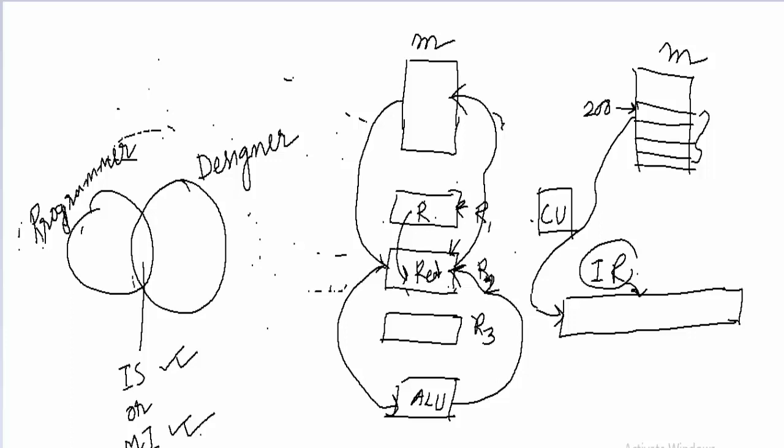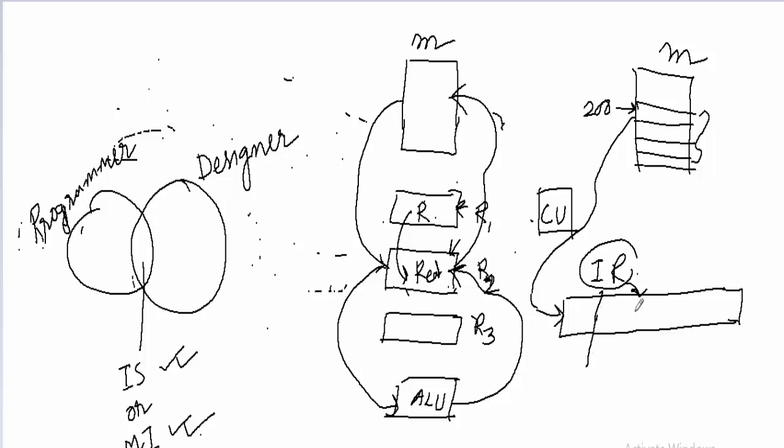After seeing this instruction, the CPU should understand the instruction, to generate the control and timing signals. That is why the instruction is divided into parts, mainly three parts.